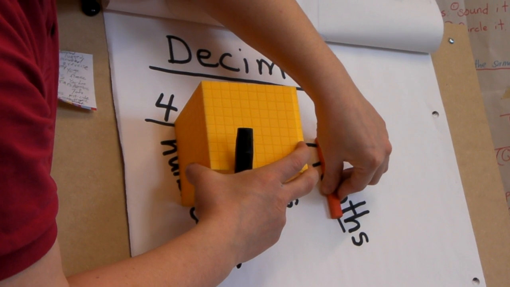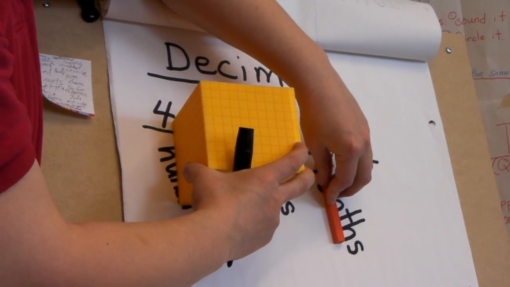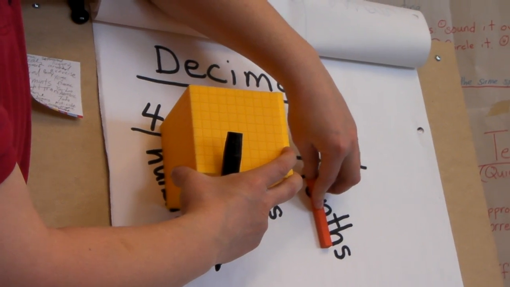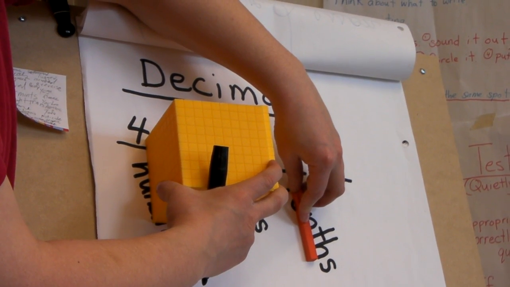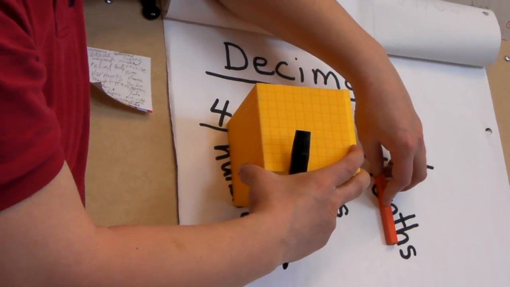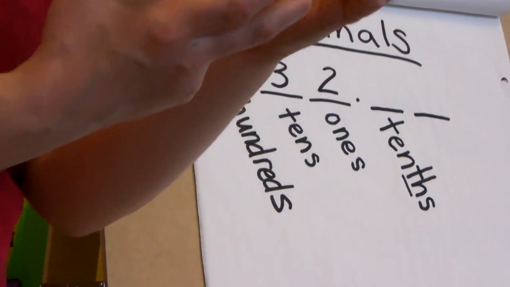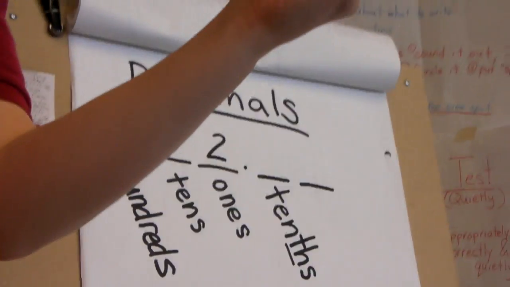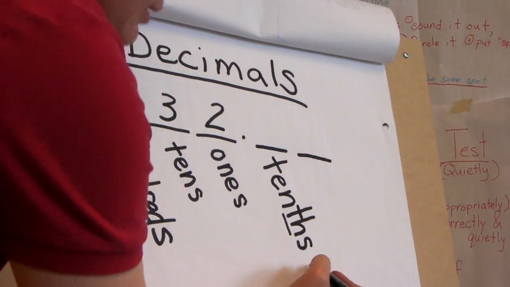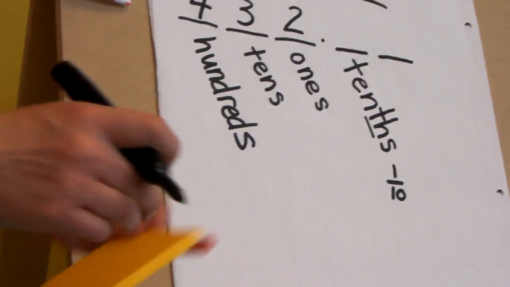Which is bigger, tenths or tens? Take a look at which is bigger. Give me a thumbs up if you think tenths is bigger. Give me a thumbs up if you think tens is bigger. You are absolutely right. Tens is much bigger than tenths because tenths is only a tiny piece of 1. Tenths is 1/10.